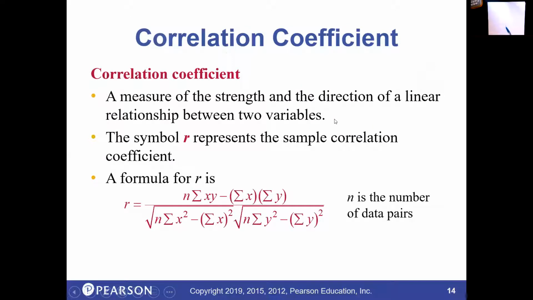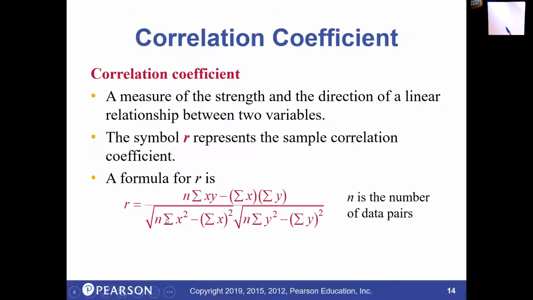Now, we can mathematically measure how well the data fits the linear pattern, and this is called the correlation coefficient. This is a number that tells you essentially how good the data fits the model. Now we have this long, complicated equation here, and this is nothing you need to worry about. We're going to be doing all of these computations in the calculator.